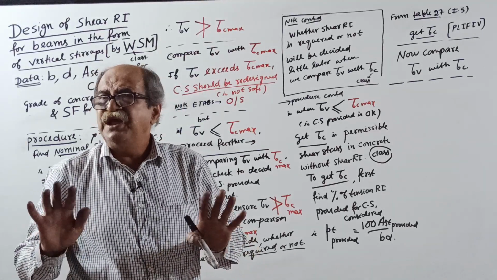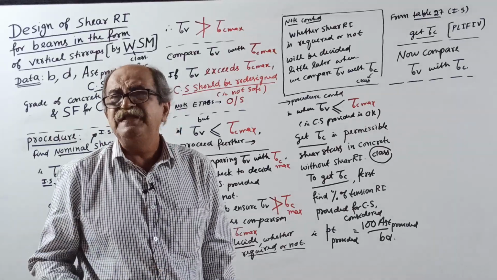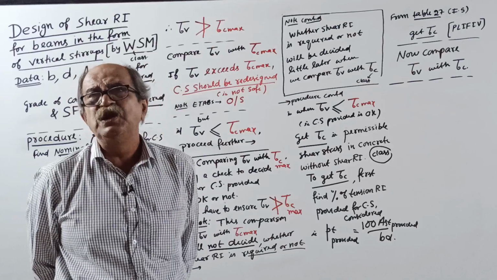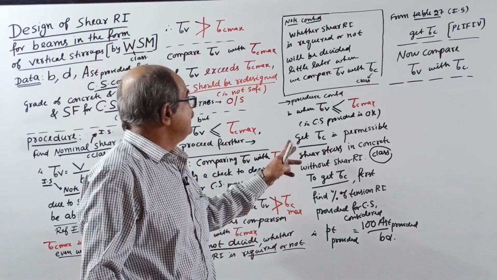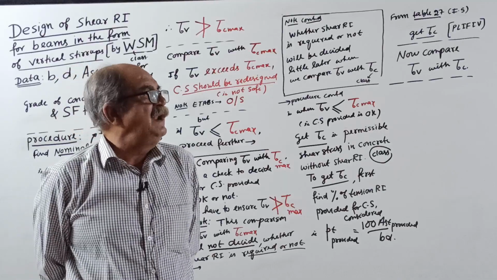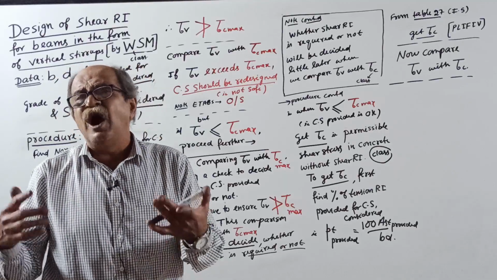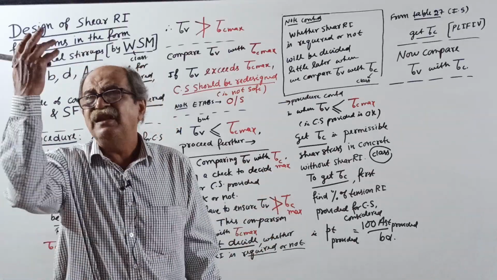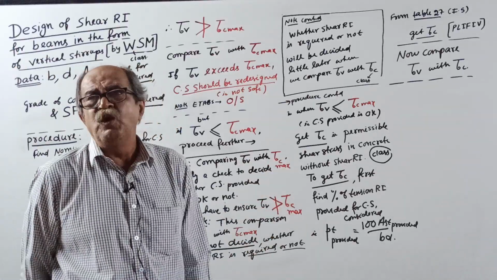A person who teaches, his purpose is to see that everybody will understand it, not to show how much he knows. If he teaches at such a level that he goes only technically, and if people don't understand, his knowledge is wasted. Nobody will appreciate. They will tell high level. I will tell, not high level, low level.